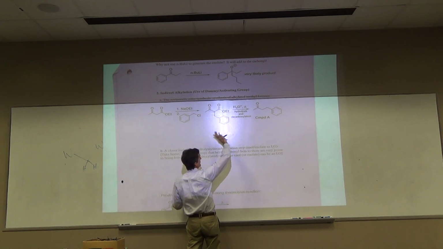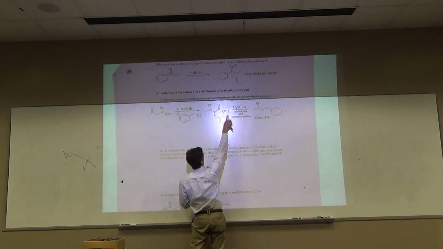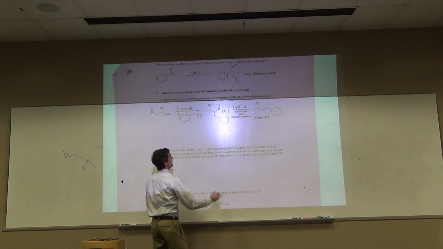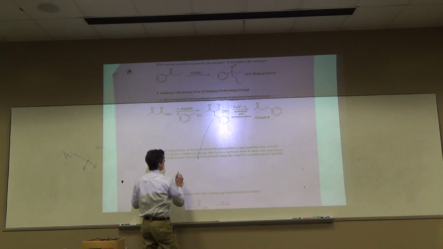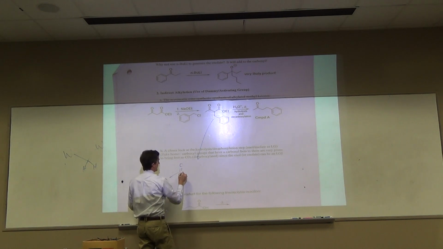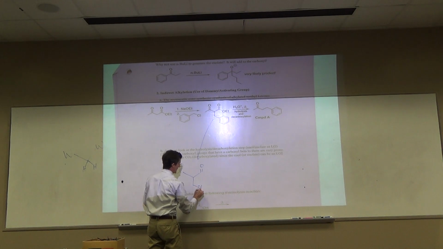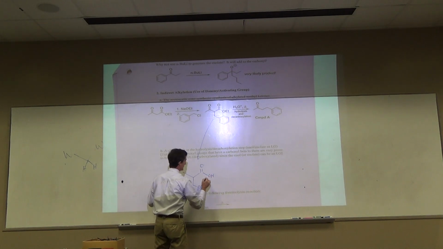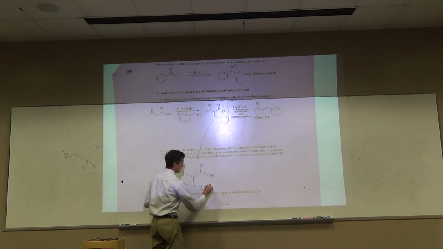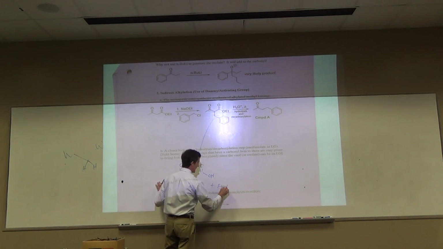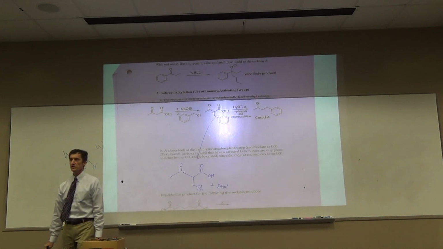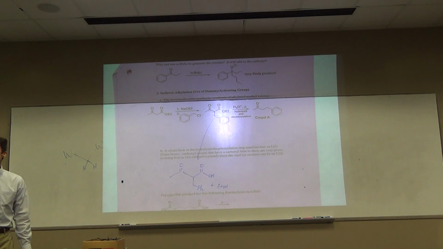I could have asked you before we looked at this chemistry, what would happen if we treated that with aqueous acid? Well, you're going to hydrolyze your ester to what? To the carboxylic acid, yes. Plus ethanol. That's just an ester hydrolysis.